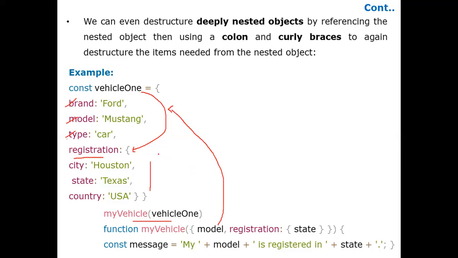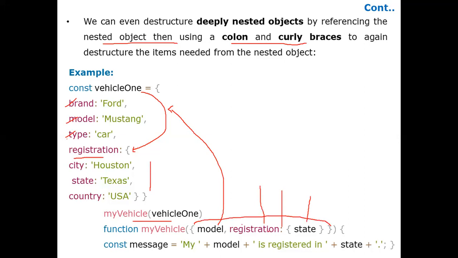If you want any attribute inside the nested object, how do we represent it? Write the nested object name, registration, then a colon, followed by curly braces. So we already have curly braces for the main object.